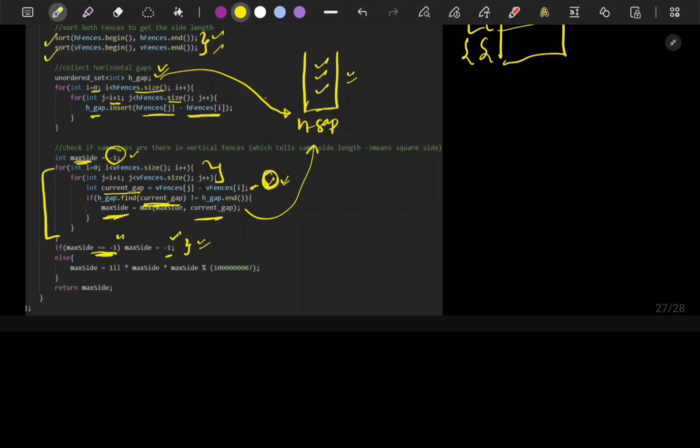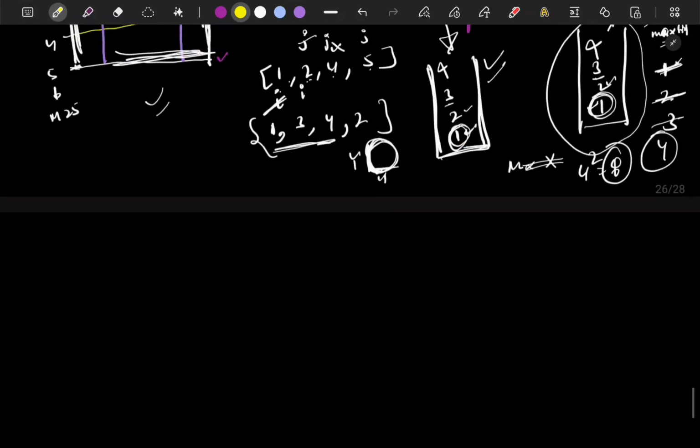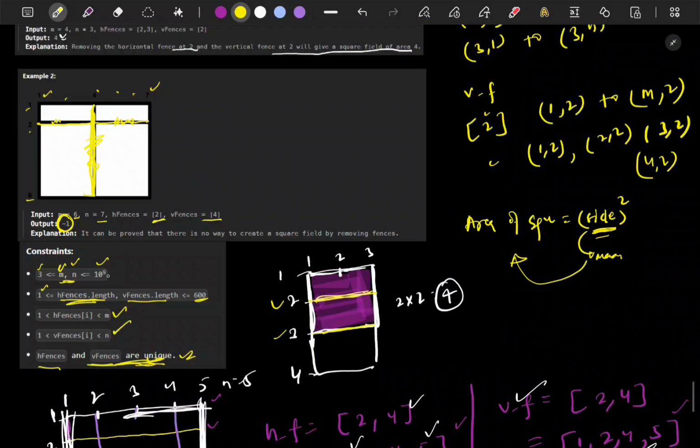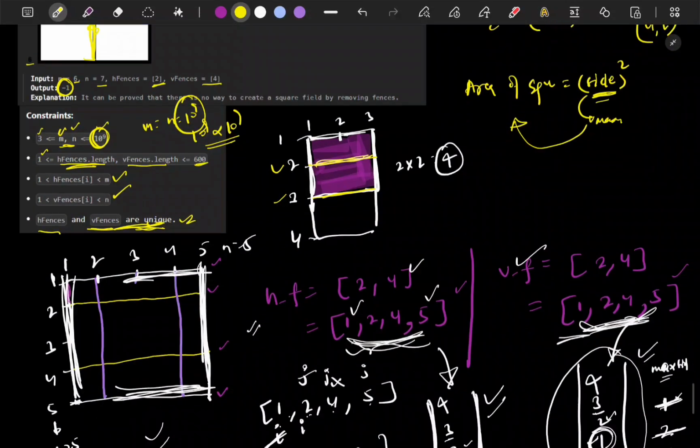If we got any sides, then we will take the square of the side and do the modulo so that the result does not go out of bound, and we will convert to long because of this constraint, 10 to power 9. Let's say m or n both are 10 to power 9, then 10 to power 9 into 10 to power 9 will go out of bound with integer.